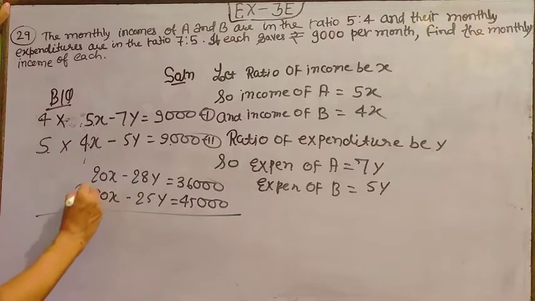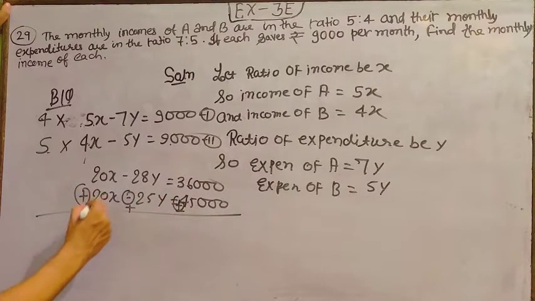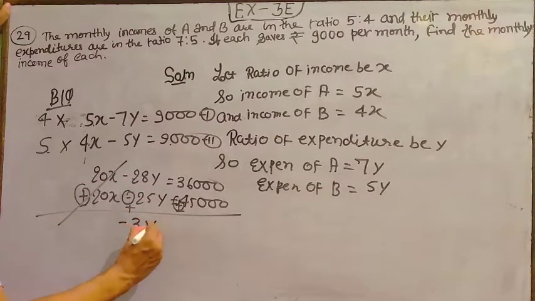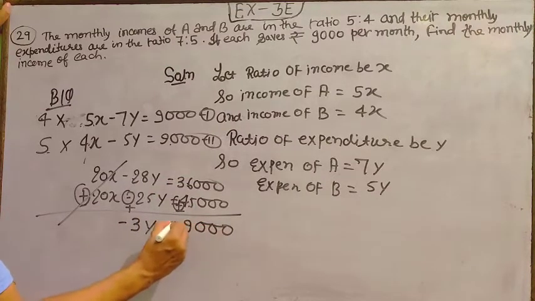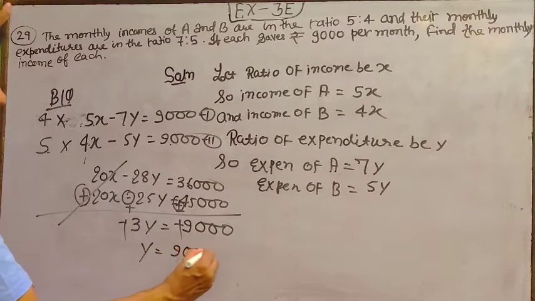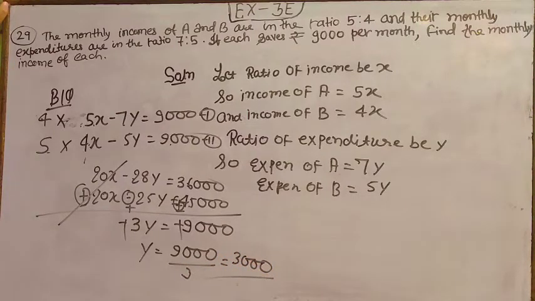Here plus then minus, here minus then plus. So it cancels, eliminated. It is minus 3y and here is 9,000. So what is the value of y? That is 9,000 by 3, that is 3,000. It is the value of y.